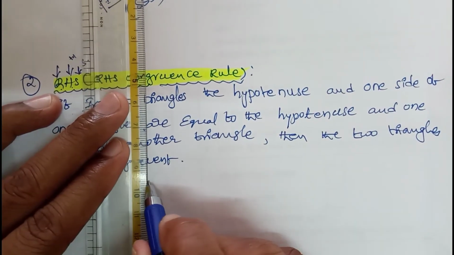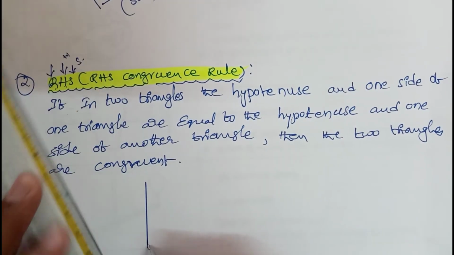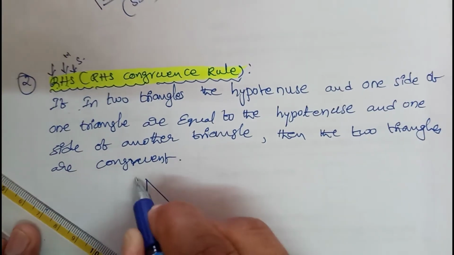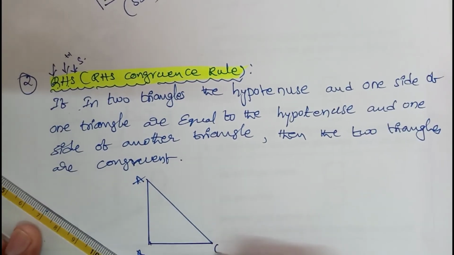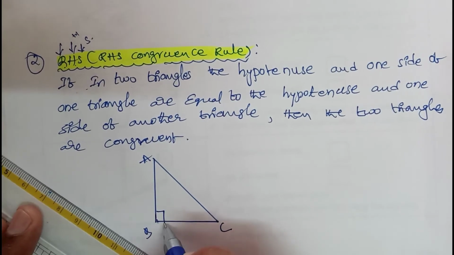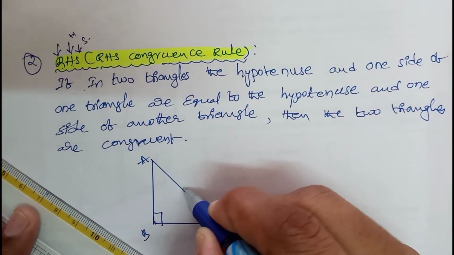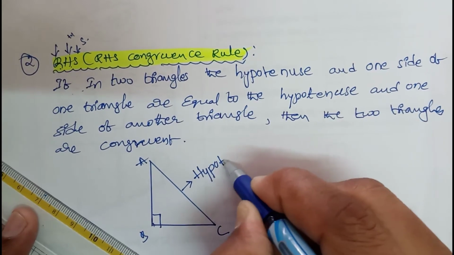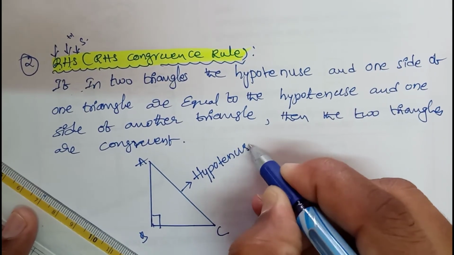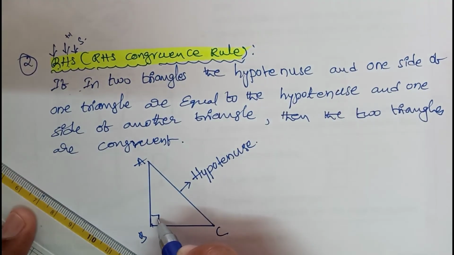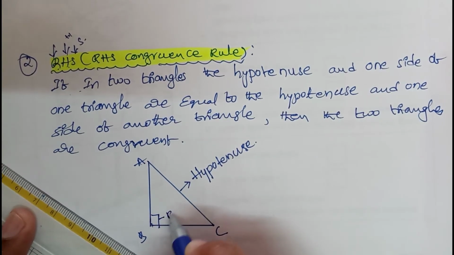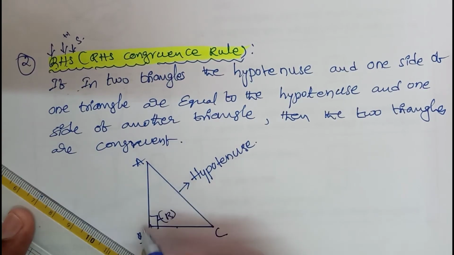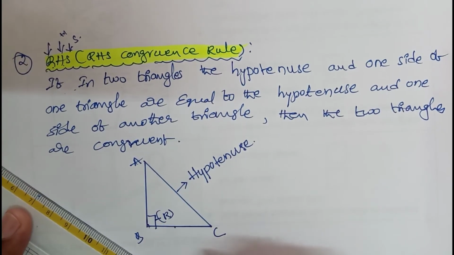So this is one right angle triangle, ABC, right angle at B. Here AC is hypotenuse, and AB and BC are sides.